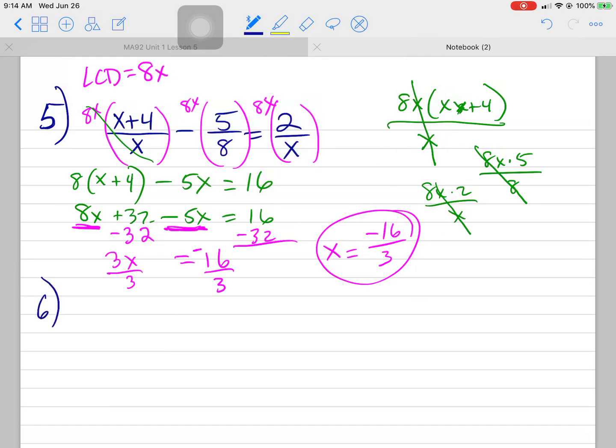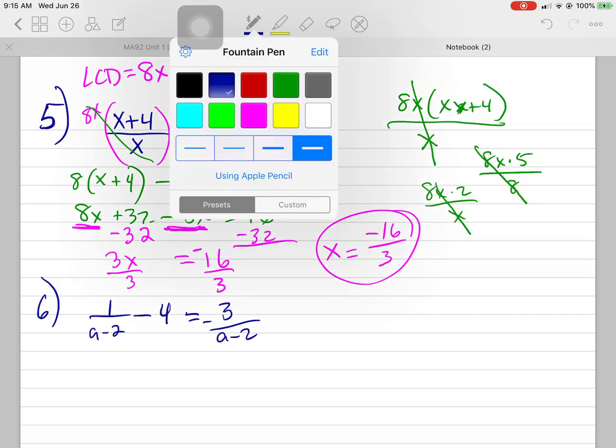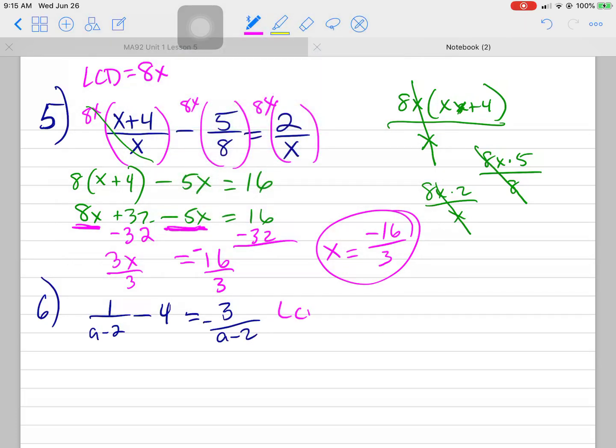All right, number 6. Number 6, the LCD is clearly a minus 2.